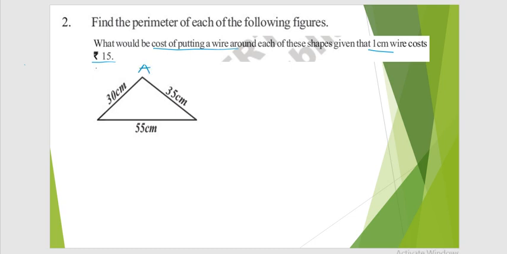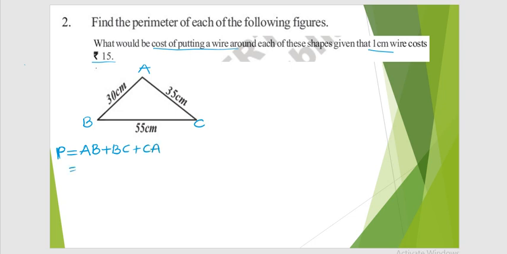Let's suppose this is a triangle with vertices A, B, C. If I want to find the perimeter of this figure, I represent perimeter with P. The perimeter of this shape is nothing but the sum of all its sides, which I can write as AB plus BC plus CA.